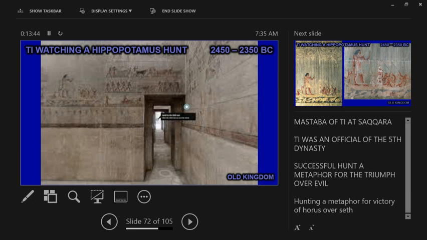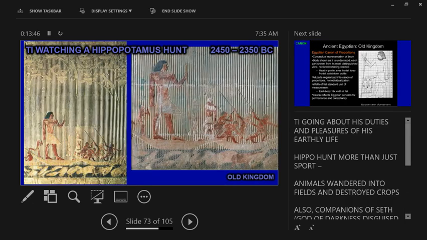And hunting is a metaphor for the victory of Horus over Set. So here's an excellent example of the hierarchic proportions that I've been talking about. Look how big this guy is compared to everybody else that's with him.